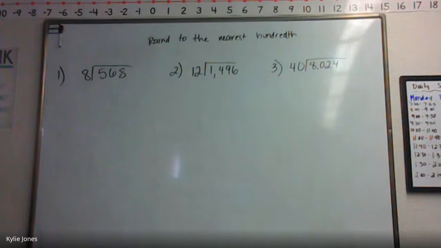So we need to put it. It goes into 56 then. Down at 8, how many times? You don't even have a remainder.